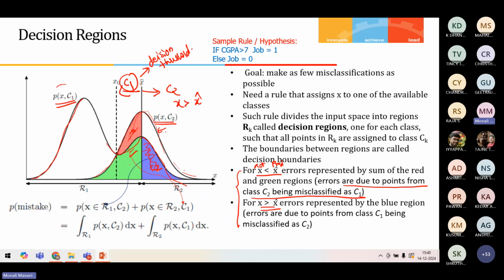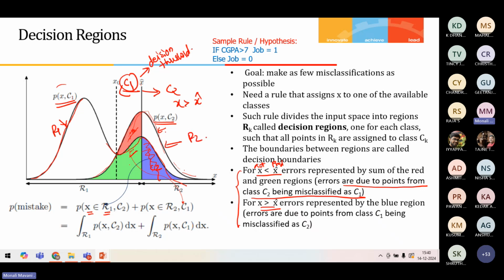So this is the region of the error for the C1 class. It belongs to the region R1. R1 is nothing but all the points belonging to C1. So this is the R1 region and the second curve is the R2 region.